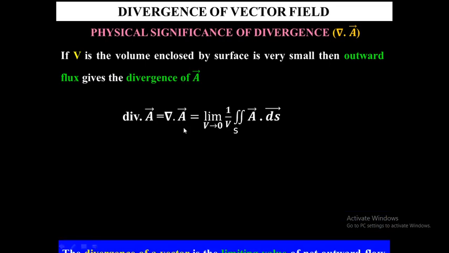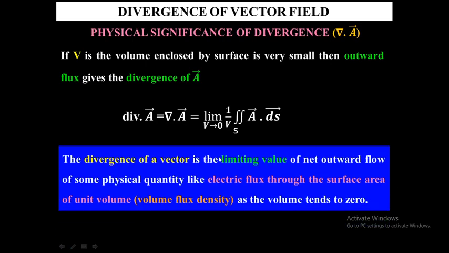So this expression is very important, which tells us the physical significance of divergence. The statement is: the divergence of a vector field is nothing but the limiting value of the net outward flow of some physical quantity, here electric flux or electric field lines, through the surface area S of unit volume, that is the volume flux density, as the volume tends to 0.